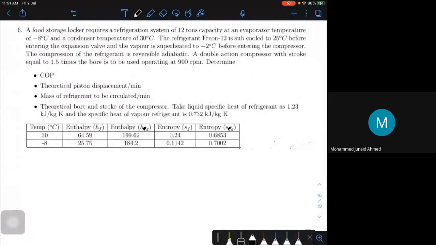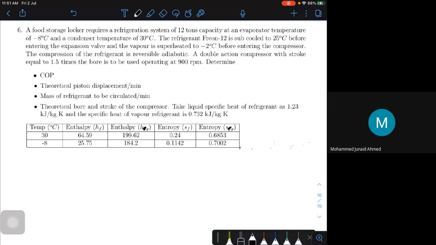A food storage locker requires a refrigeration system of 12 tons capacity at an evaporator temperature of minus 8 degrees Celsius and a condenser temperature of 30 degrees Celsius. The refrigerant is Freon 12, that is R12, subcooled at 25 degrees Celsius before entering the expansion.